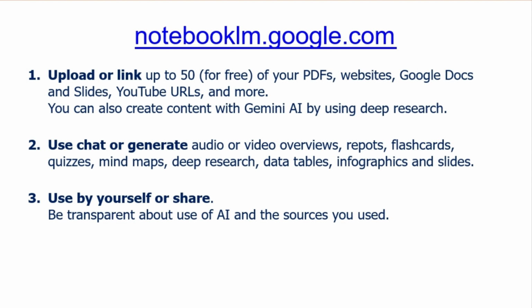Then you can use the chat to discuss with all the content you have uploaded, or you can generate many different kinds of summaries like audio, video, infographic, slides, and more. And then the third phase is that you use the content yourself, or you can share it with others with a link. And be transparent about the use of AI and also the sources that you have used.